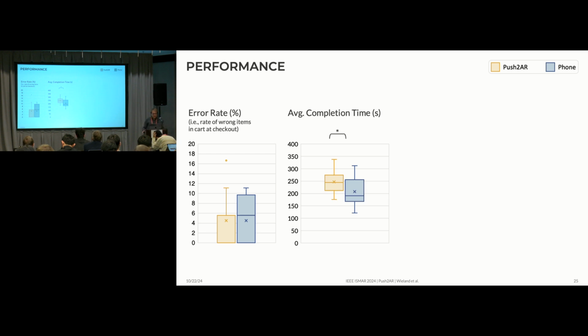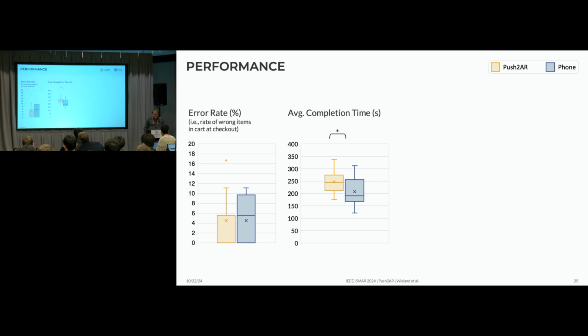And we attribute this to participants' higher familiarity with this very common interface, because users already have a decade or so of experience with their phones and touch interfaces. Interestingly though, this is not in accordance with participants' subjective experiences.